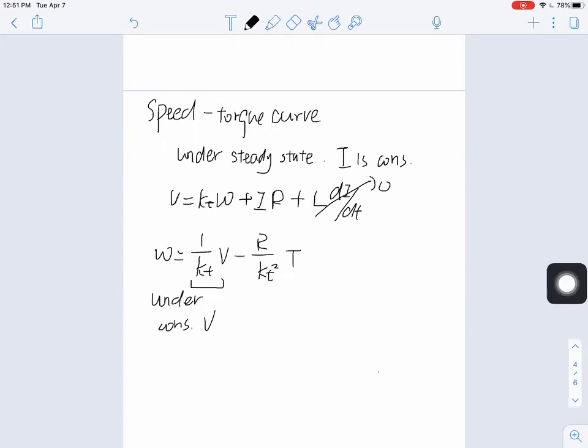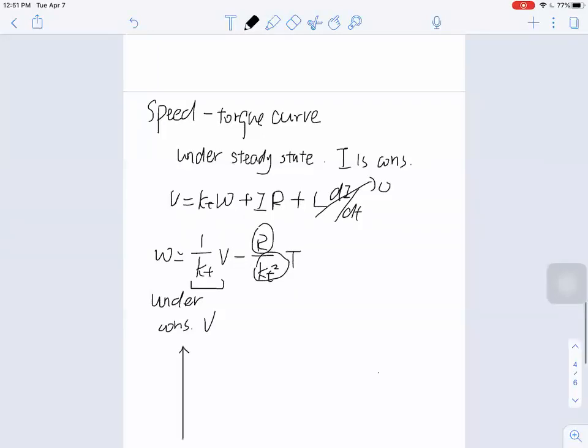And R is a constant. So we're left with a relationship between omega and torque. And that's where the torque constant comes from. So we can draw the vertical direction as omega with the unit radian per second.